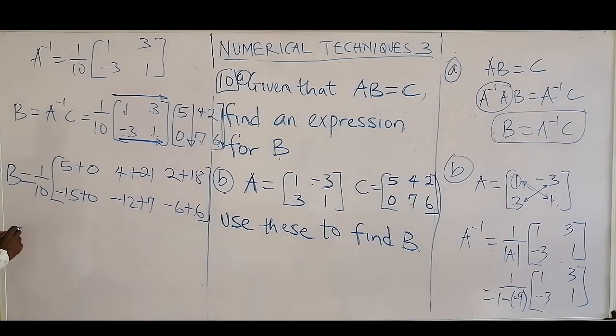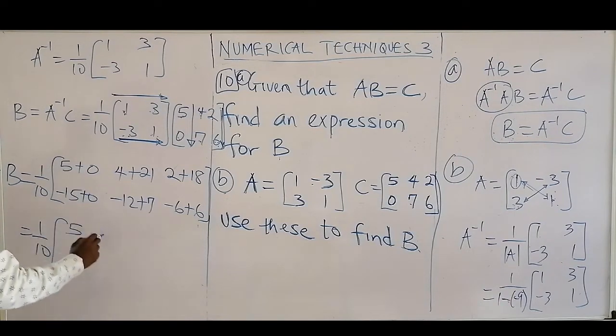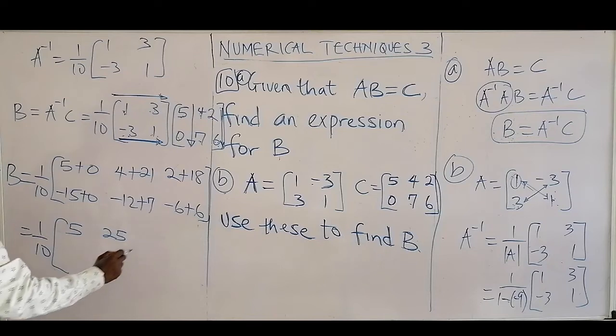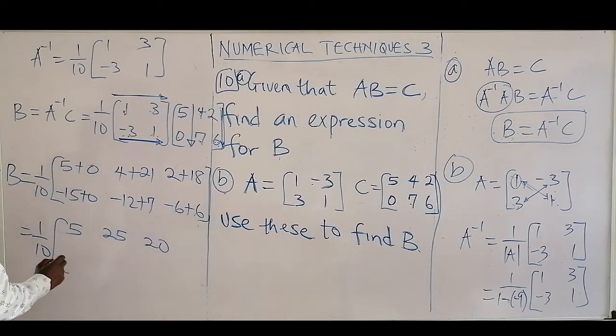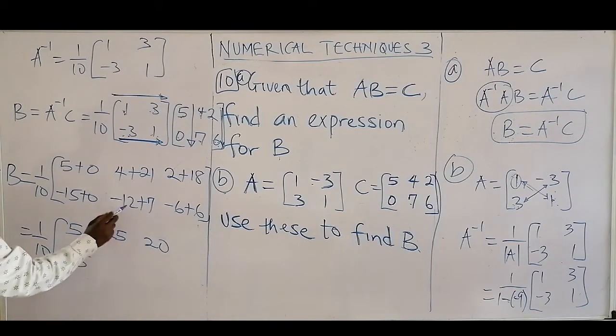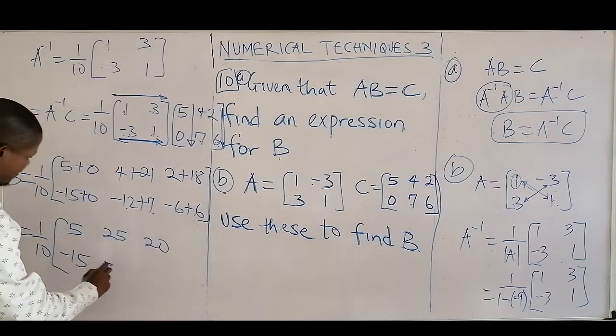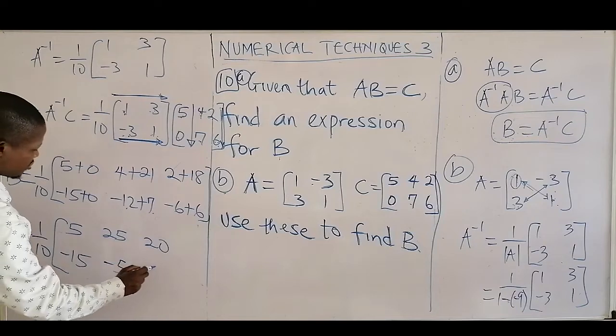So we now have 1 over 10 into bracket 5, 25, 20, minus 15, minus 12 plus 7, that's minus 5, and then this is 0.